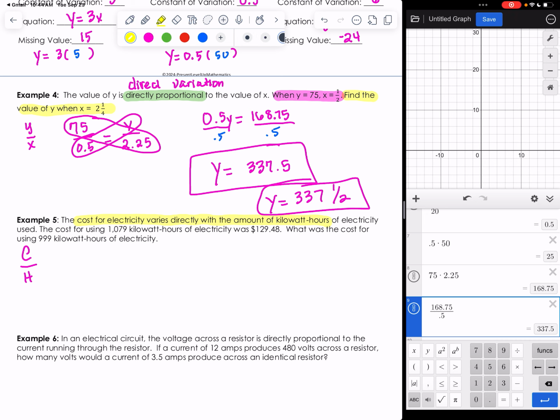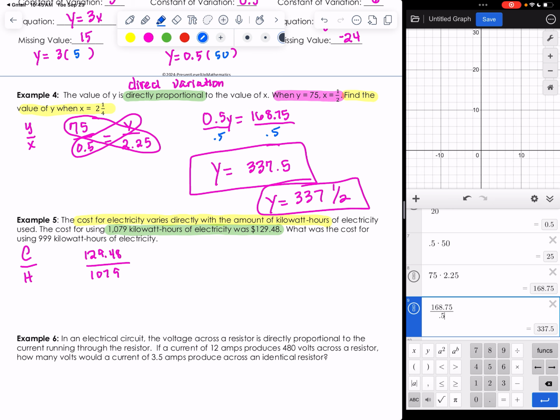So in our second sentence, it says the cost for using 1,079 hours is $129.48. So the 129.48 must go on top because it's a cost, and the 1,079 must go on the bottom because it's number of hours.